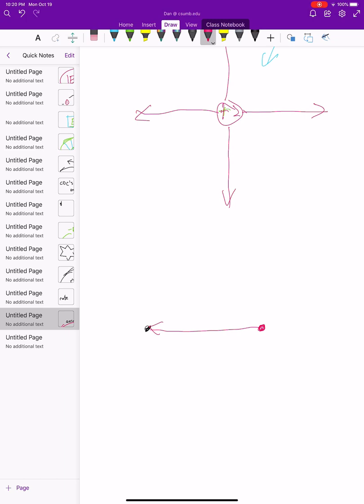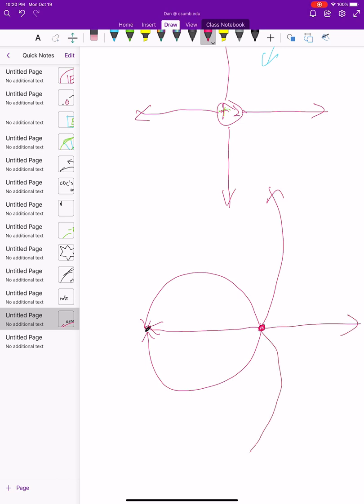Let's say I had that. What would be a possibility of 2 charges that would result in that?